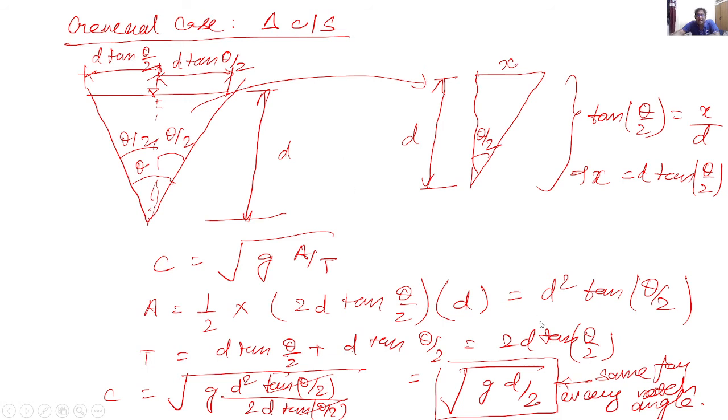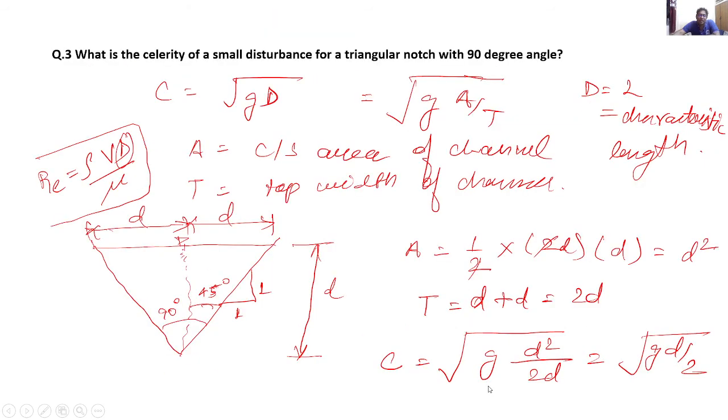And we found that the notch angle does not actually play a part at all, because the term containing theta by 2 gets cancelled. So the celerity is again square root of g d by 2. Irrespective of the angle chosen, the celerity will always be the same for a triangular notch.